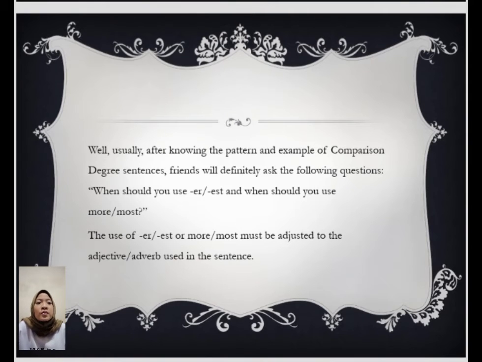Well, usually, after knowing the pattern and examples of comparison of degree sentences, friends will definitely ask the following questions. When should you use er or est? And when should you use more or most?